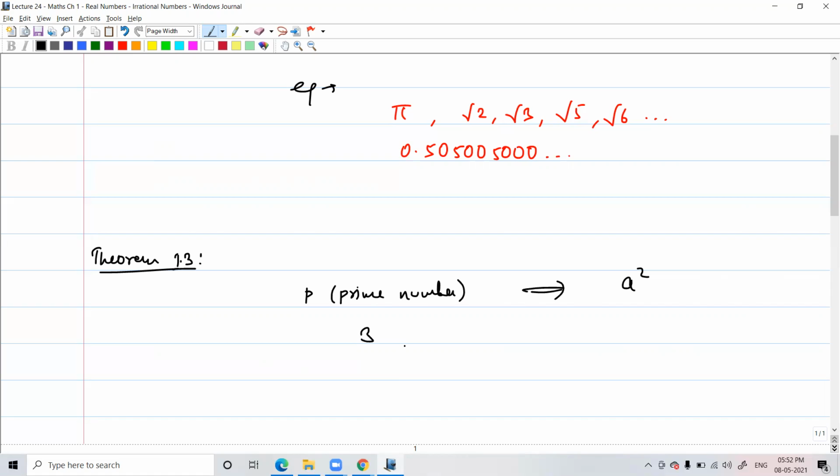So think of some square number which is divisible by 3. Sir, 6 square. Yes, okay, good. So 3 divides 6 square, which means that 3 will divide 6 also. That is what this is telling you.